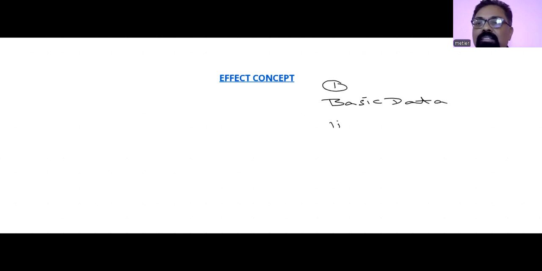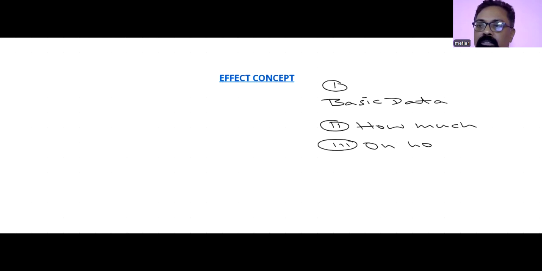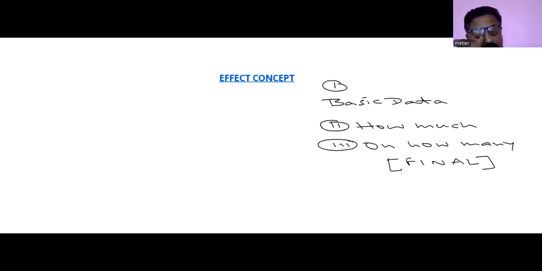Second one is how much effect. And the third one is effect on how many. On how many means we always go with the final data, right? Let's go with one basic example.